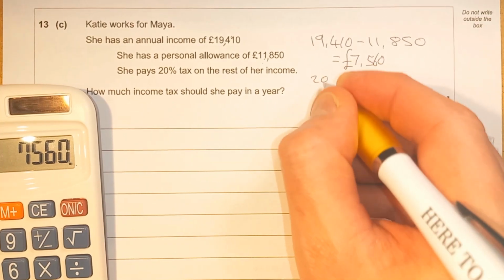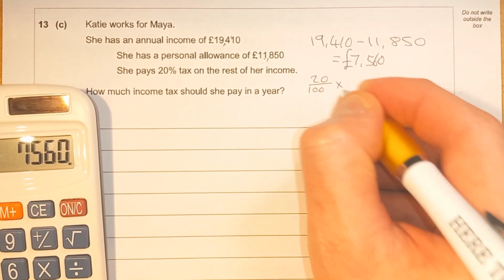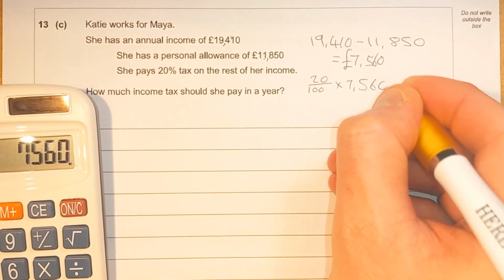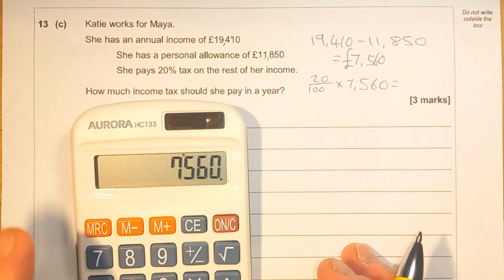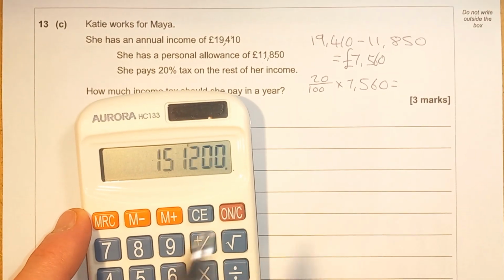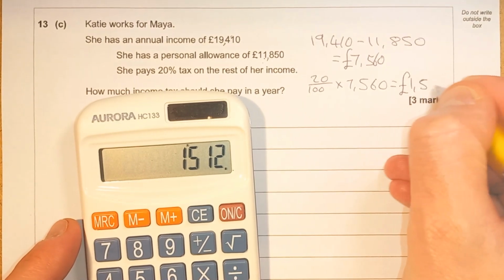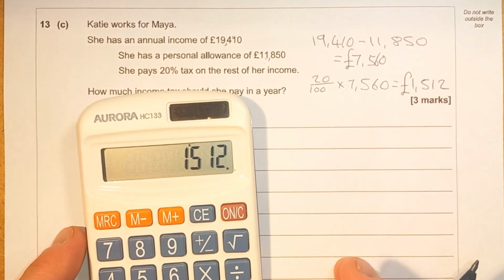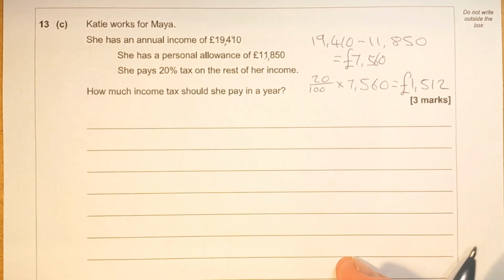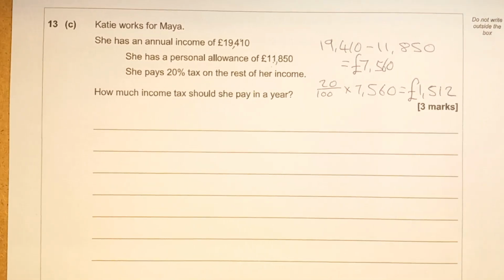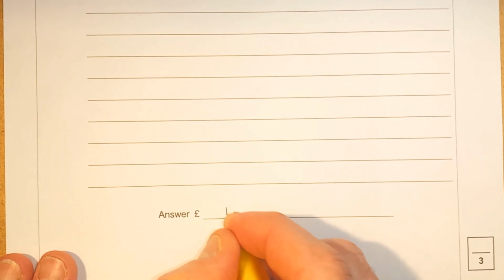So we want 20 over 100 times 7,560, which gives us £1,512, which we can write down here.